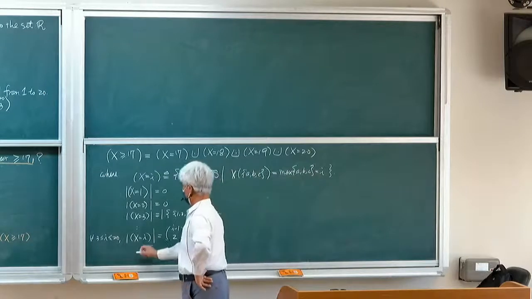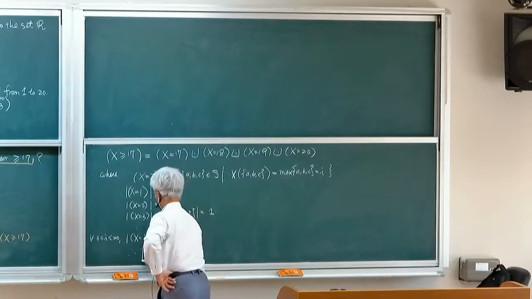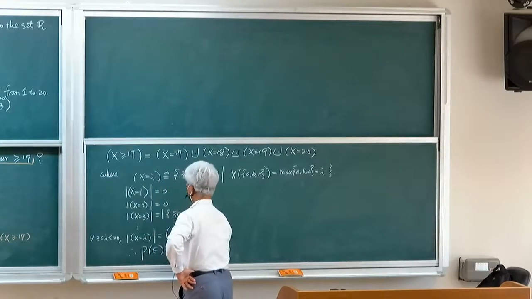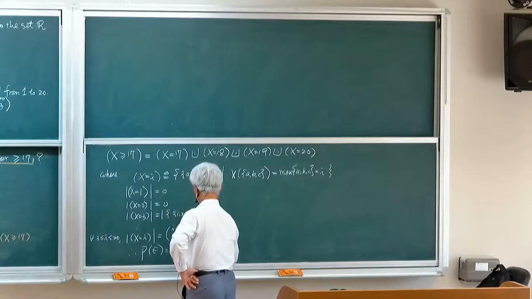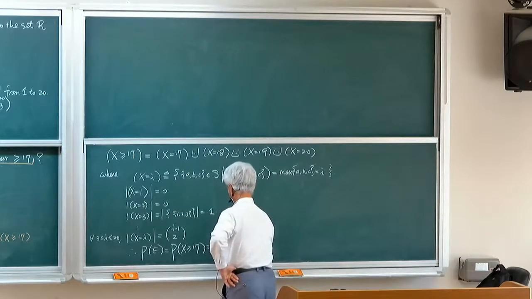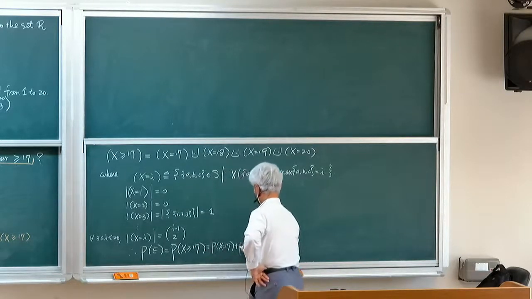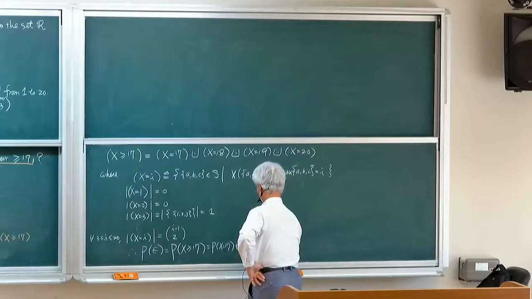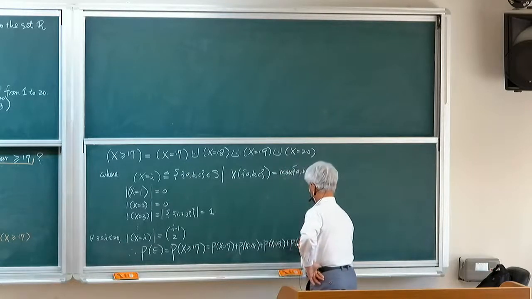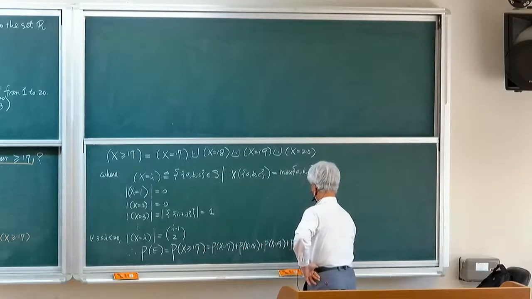Finally, the probability of the event, the probability of x greater than or equal to 17, is the probability of x equal to 17 plus the probability of x equal to 18 plus x equal to 19 plus x equal to 20.